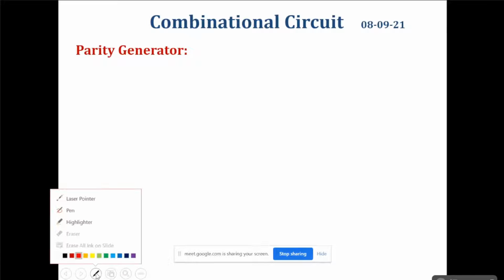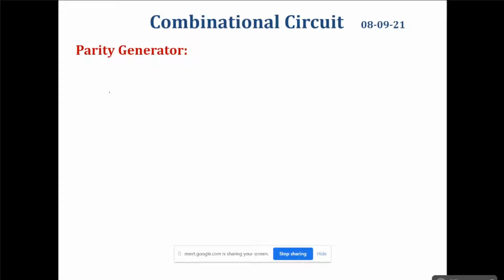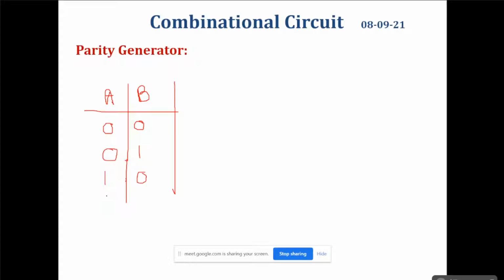From our previous knowledge, if the data contains 2 bits A and B, how many combinations will be there? What are the probable combinations of these 2 bits? 4 combinations: 0 0, 0 1, 1 0, and 1 1.